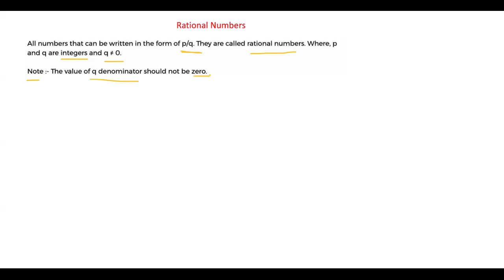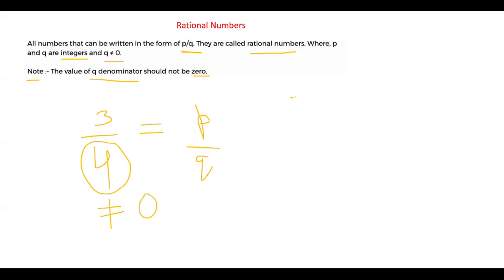Let's take some examples. For example, 3 by 4 is a rational number. This number is in the form of p by q, such that p and q are integers and q is not equal to 0. So 3 by 4 is a rational number.